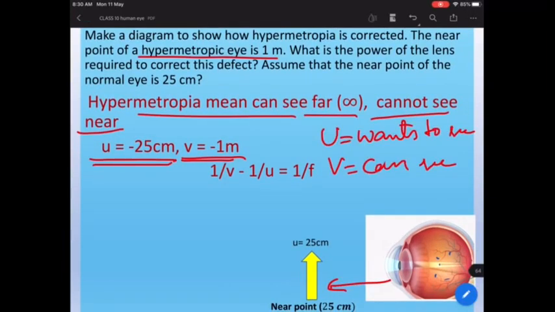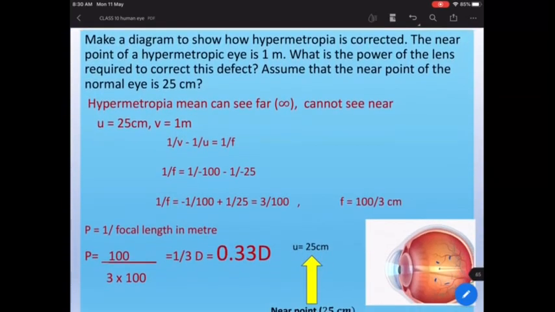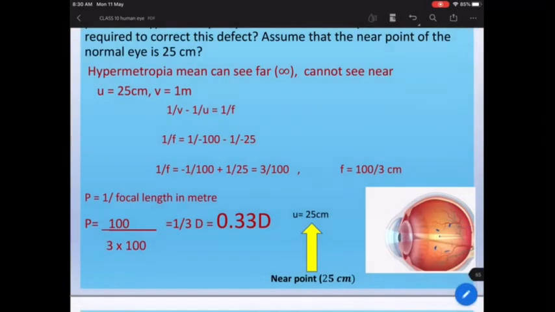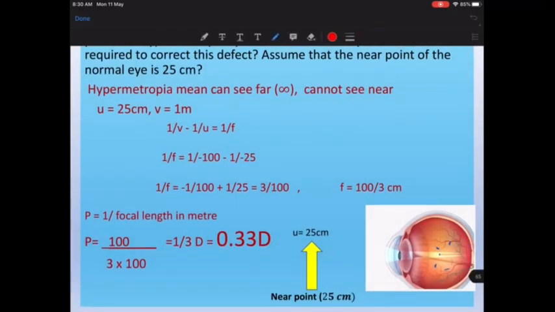And v is minus 1 upon 100. Once you solve it, you will get your power as 0.33 diopter, which means it is a positive power. Focal length was also positive, power is also positive. So positive means what kind of lens is this? This is going to be a convex lens.